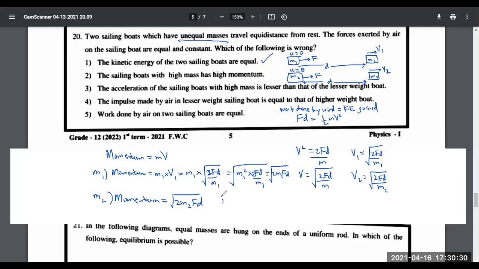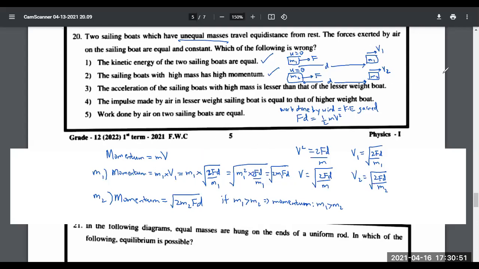So if m1 is greater than m2, that means the momentum of m1 will be greater. And that's what the statement says, correct? The sailing ship with high mass will have high momentum. So I have proven it to you mathematically.